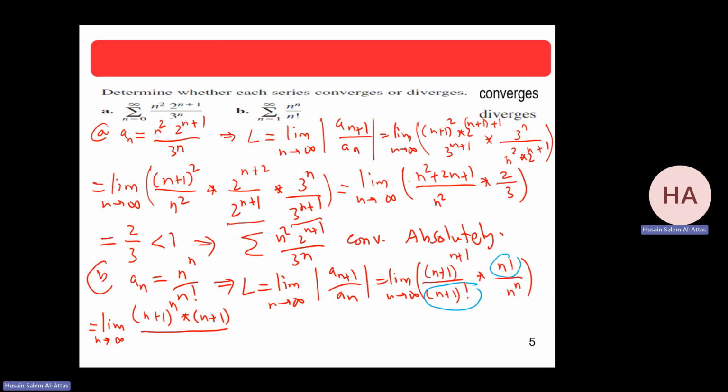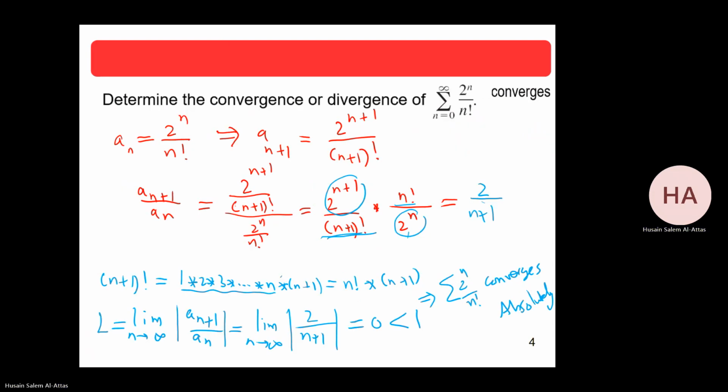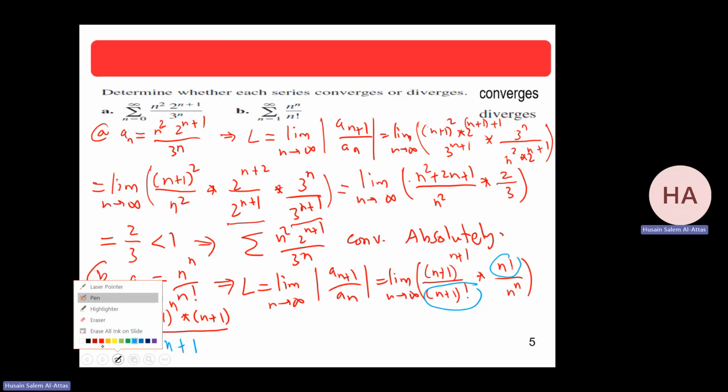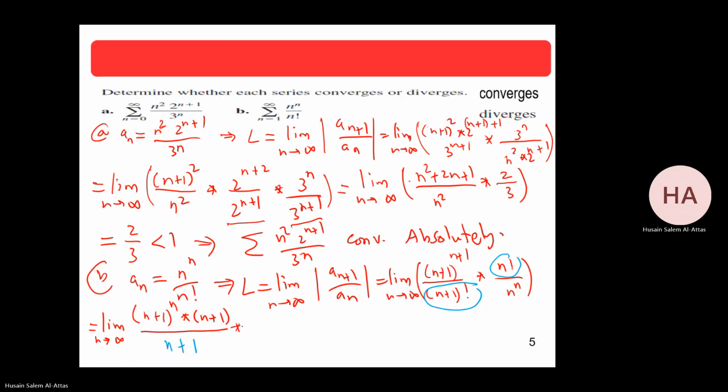So it will be n plus 1 here, times 1 over n to the power n. So this is cancelled. So you have the limit as n goes to infinity of (n+1) over n all to the power n.